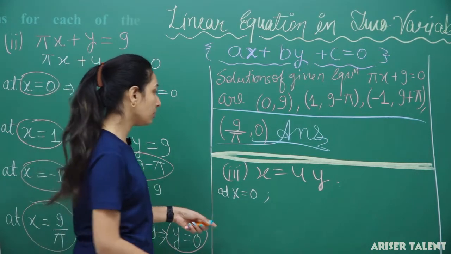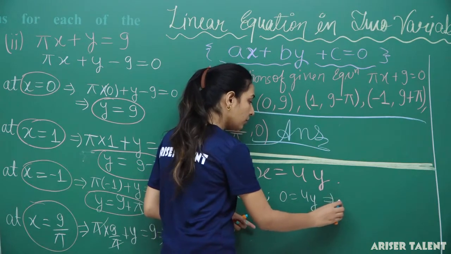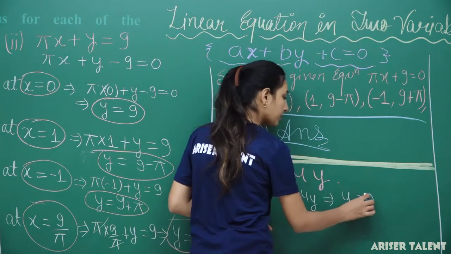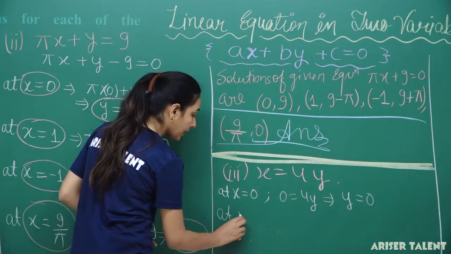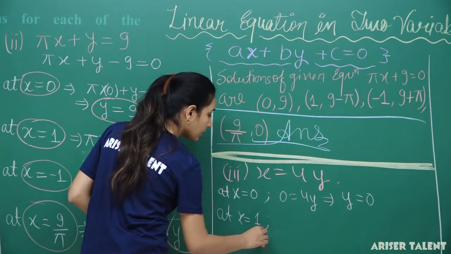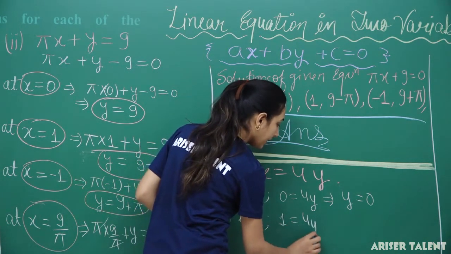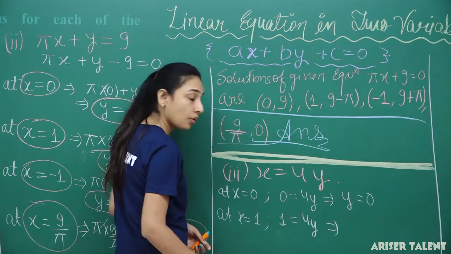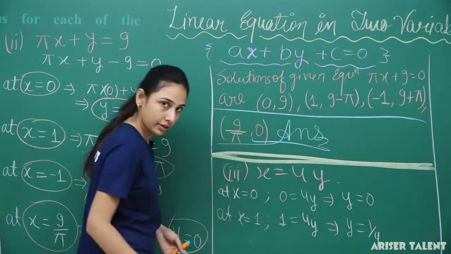At x equals to 0, 0 equals to 4y will give you y equals to also 0. Okay, at x equals to 1, 1 equals to 4y. This implies that y equals to 1 by 4, right?